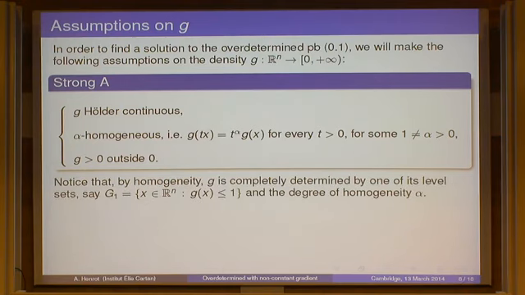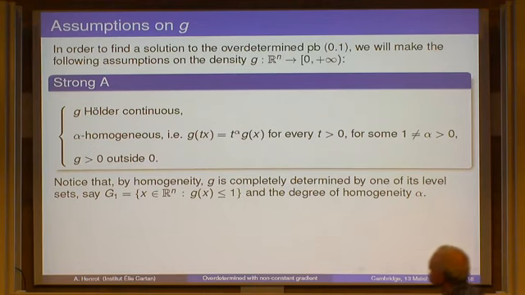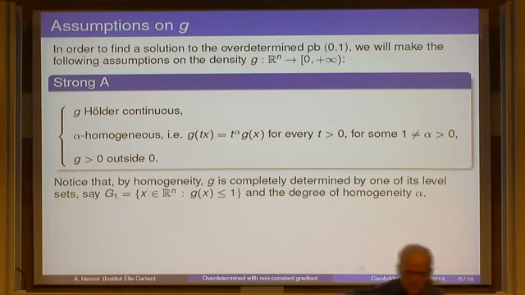The homogeneity assumption just means that as soon as you consider any level set, say the one level set of my function J, you know the function everywhere just by scaling. So geometrically, the definition of J depends on the shape of this one level set, and all the level sets are obtained by scaling.